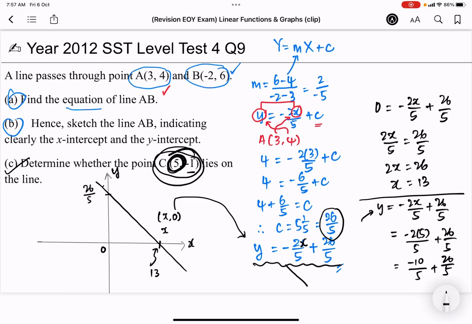And obviously, this is going to give us 16 out of 5, which is not equal to -1 here. Therefore, the conclusion is no, but we must conclude and say because when x is equal to 5, the y is not equal to -1.